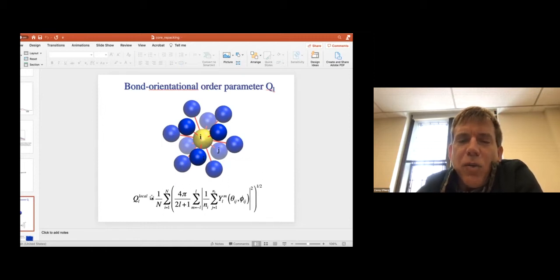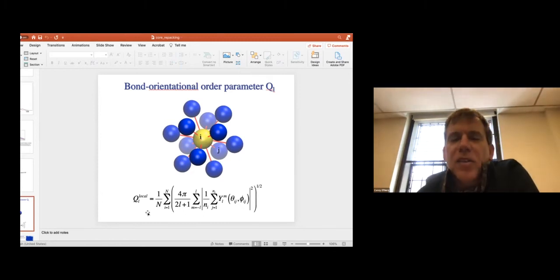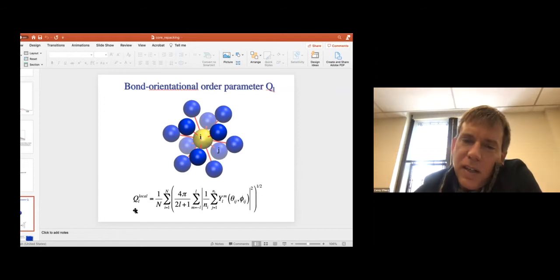And so what you can do is use the spherical harmonics, which basically tell you about this type of symmetry in spherical coordinates. One thing you can do is look for 6-fold symmetry or 12-fold symmetry, and that tells you how the atoms are arranged.